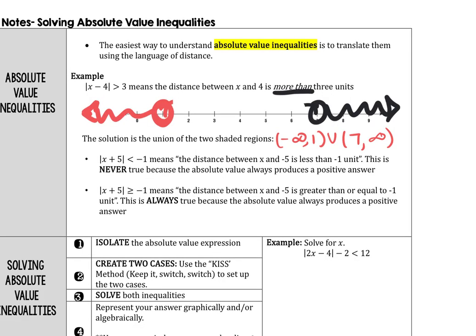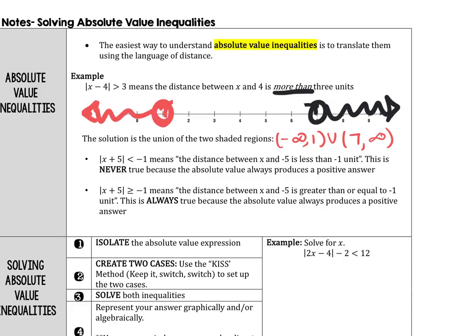Those next 2 bullet points are just some special scenarios. So this first one, if you have the absolute value of x plus 5 is less than -1, what that means is that the distance between x and -5 is less than -1 units. But distance is always positive. It cannot be less than -1. It can't be -2, -3, -4, -5, because again, it always has to be positive.